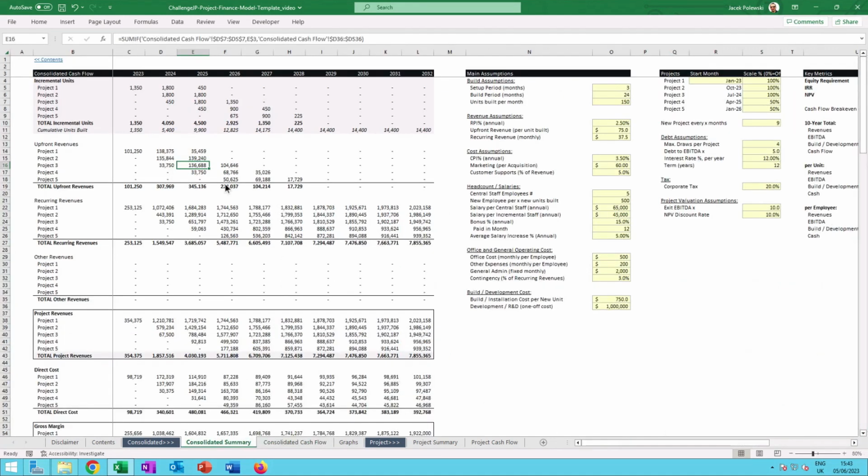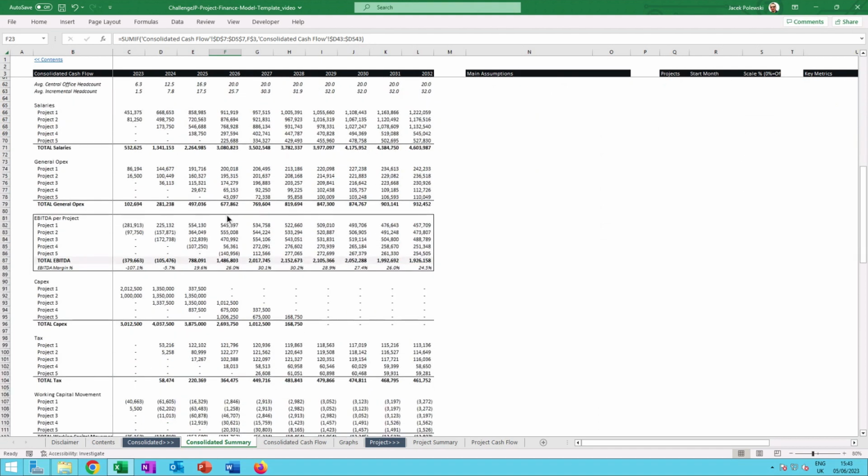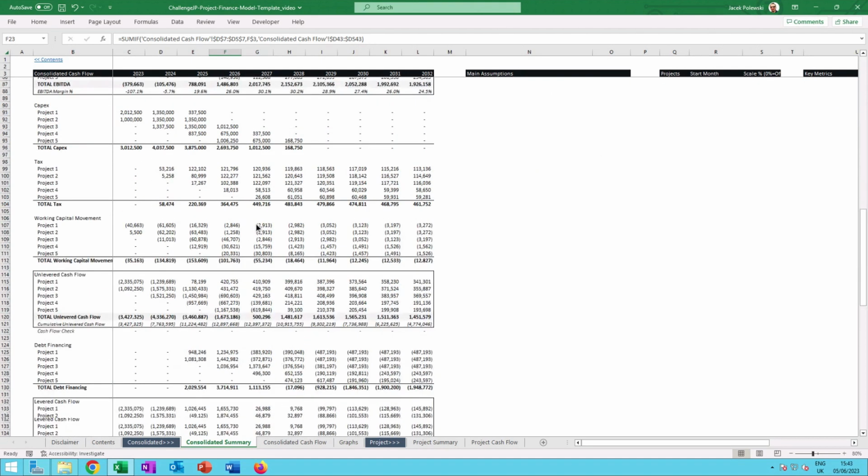So that consolidates all my revenue numbers here, and again, all the costs, salaries, Opex, things that we've covered, and that will give me my unlevered cash flow. So unlevered cash flows for singular projects, for those individual projects, which then will just sum up into one unlevered cash flow for the overall project.